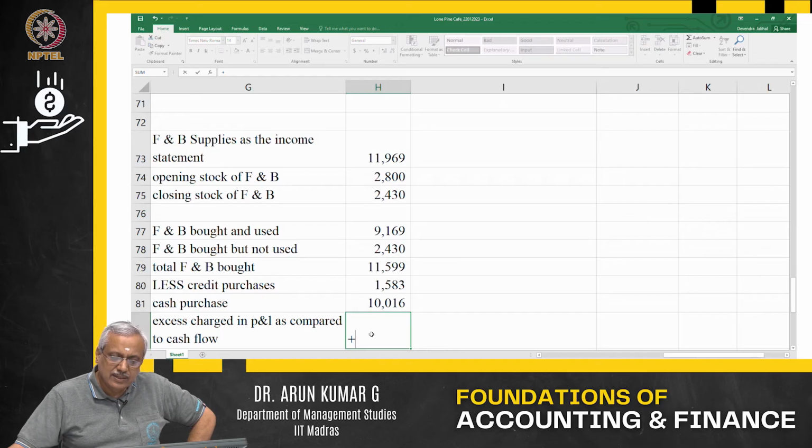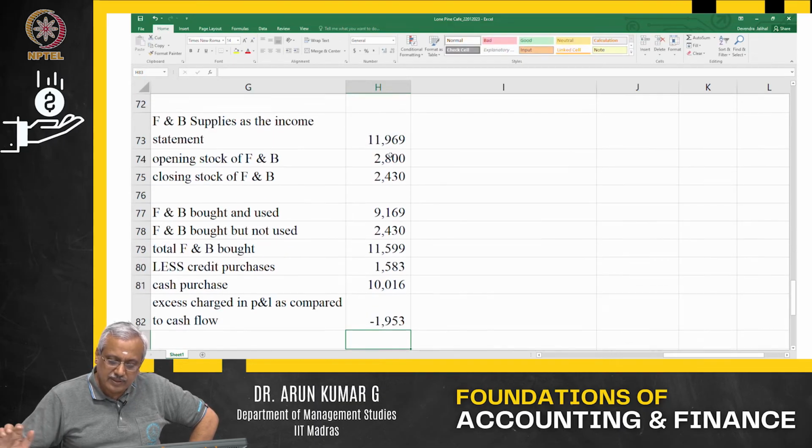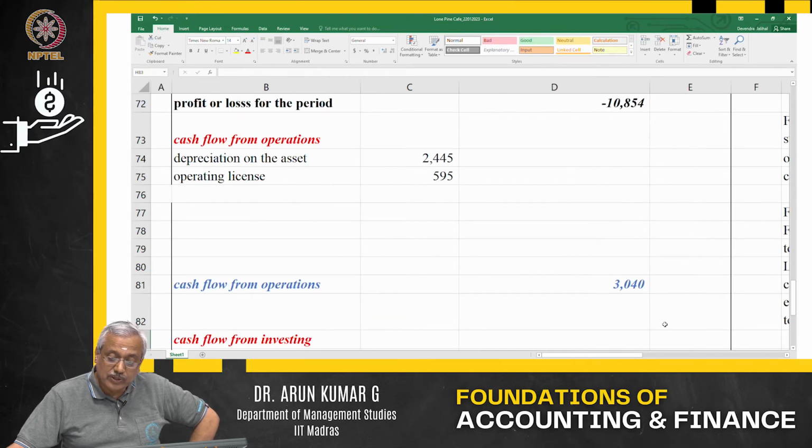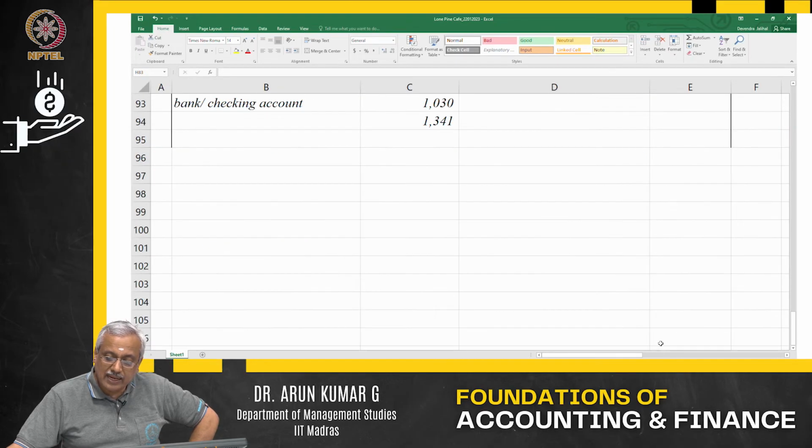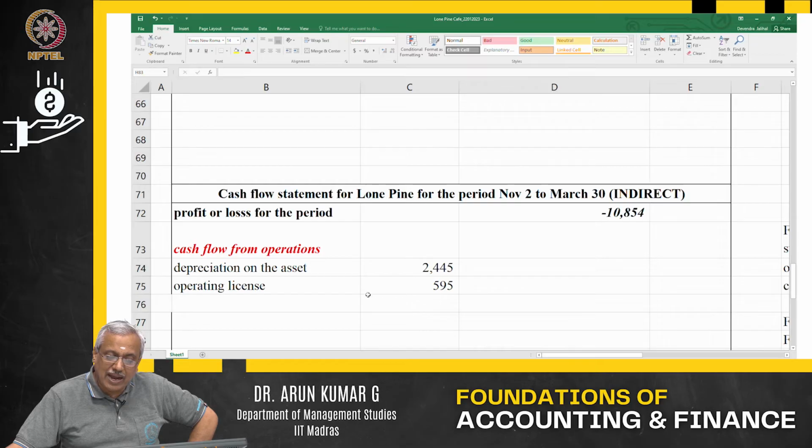Nothing but this is the cash outflow what you have. But you have charged this. That means 1,953 you have charged more. When you have charged more, what do I do in the cash flow statement? In the cash flow statement, I am just going to add back that expenditure.